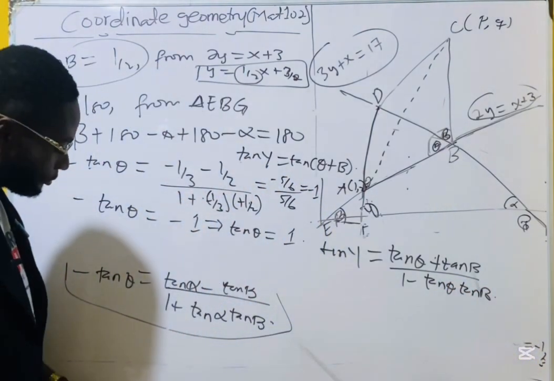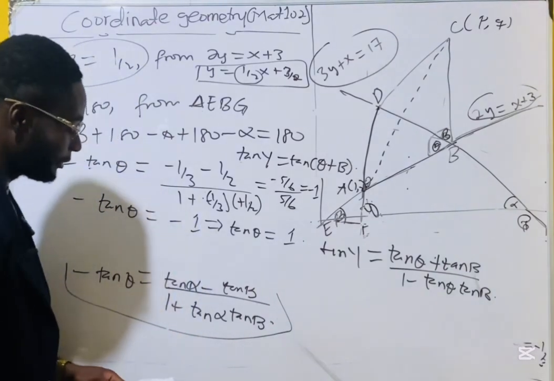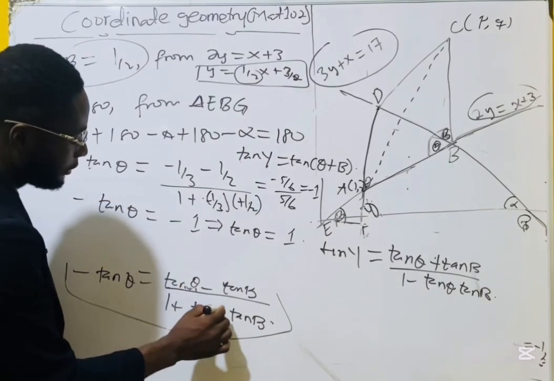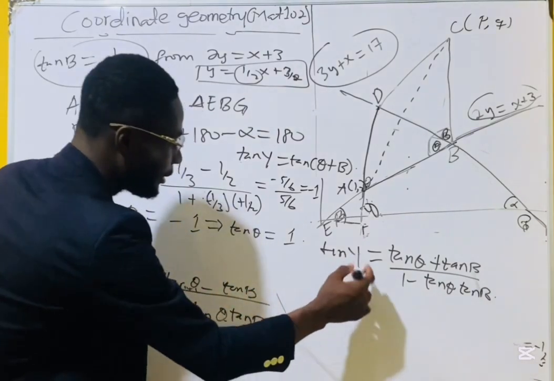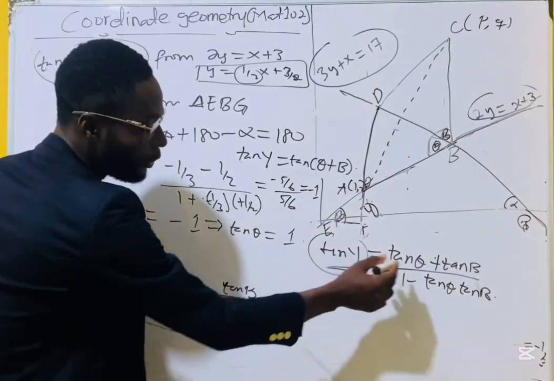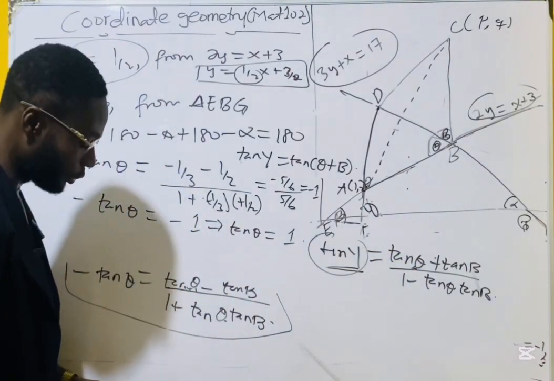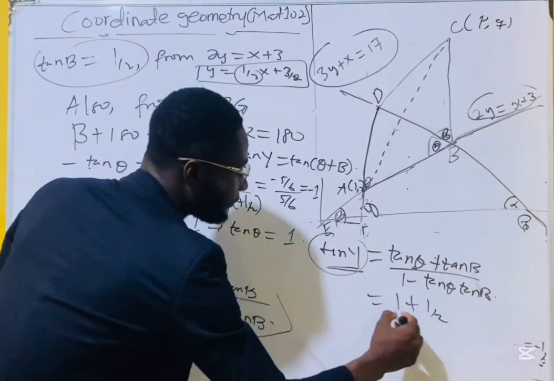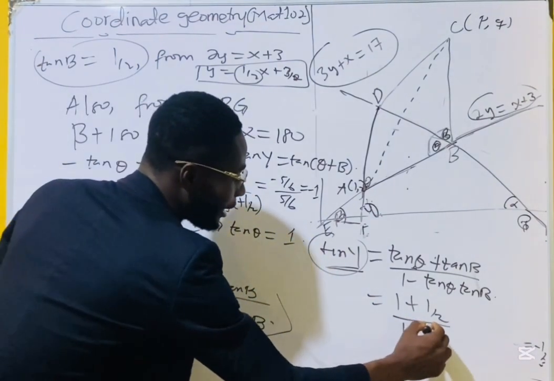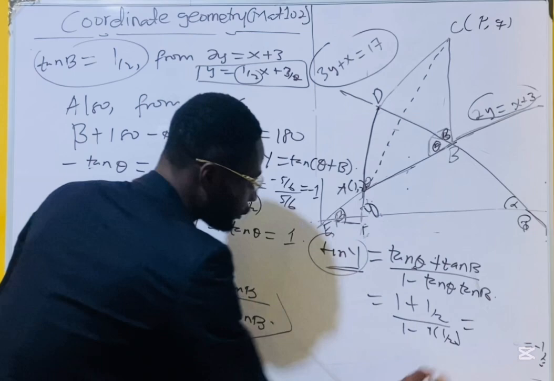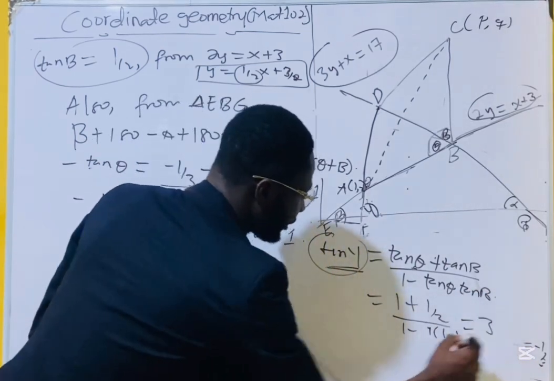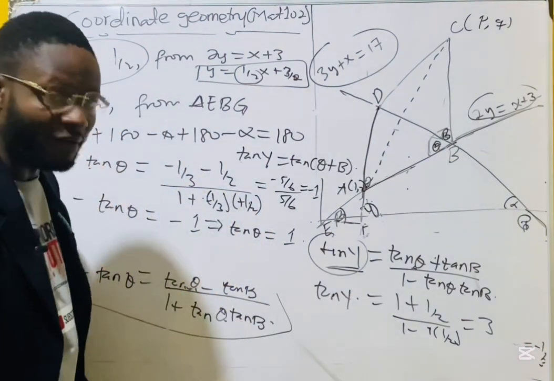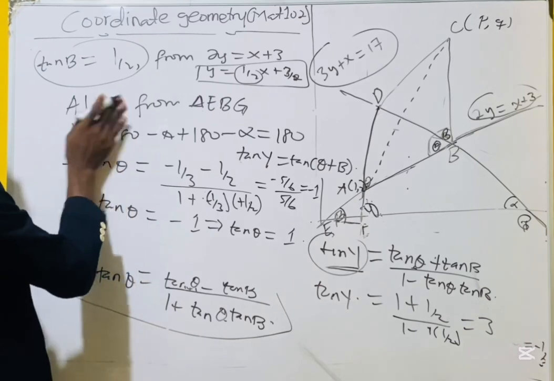So now we are going to look for tan gamma because we know tan theta now, right? So this will be equal to 1 plus half over 1 minus 1 into half, right? And that will be equal to 3, right? So we have tan gamma to be 3.